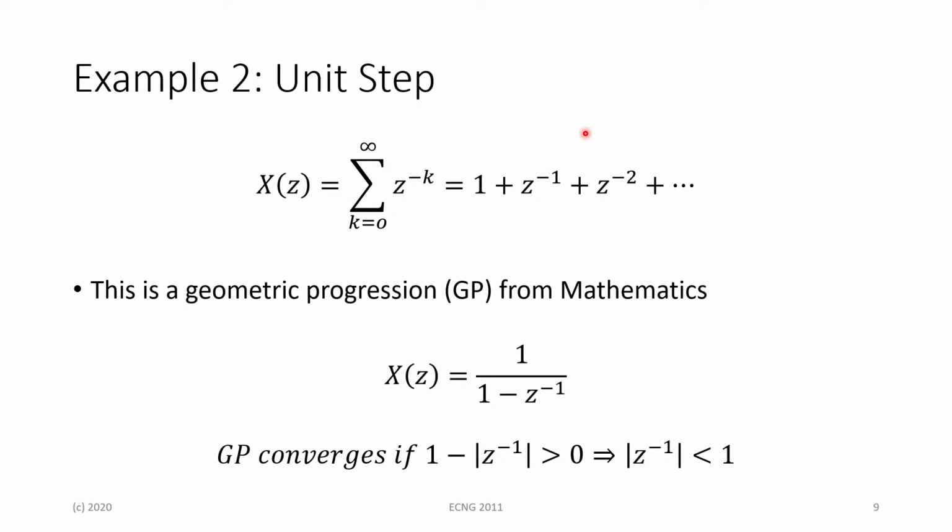So for this power series that we just expanded for our unit step, when you apply that geometric progression formula, we converge this to x of z equal to 1 divided by 1 minus z to the negative 1 in the denominator.